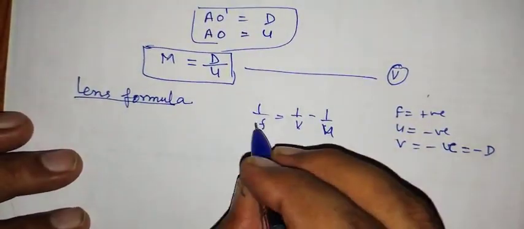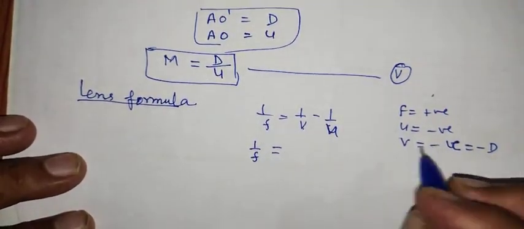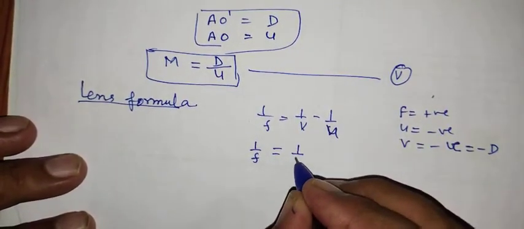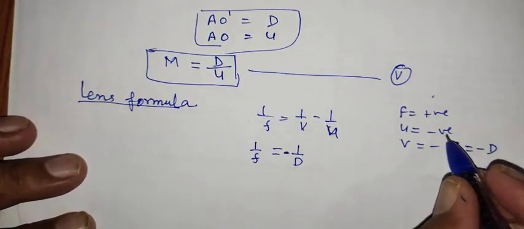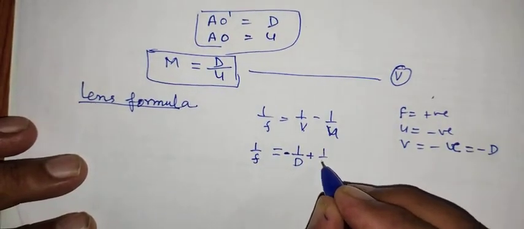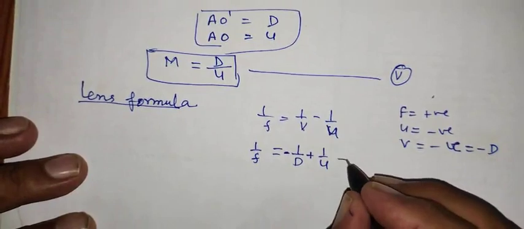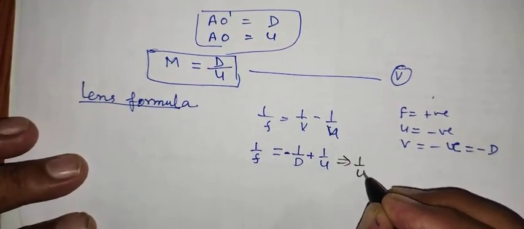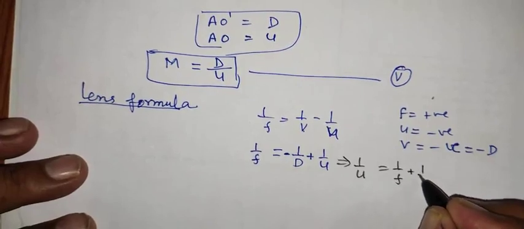Keeping these values, in place of V we use minus D, and U is negative. By this mathematical expression, the value of 1 by U can be obtained as 1 by F plus 1 by D.